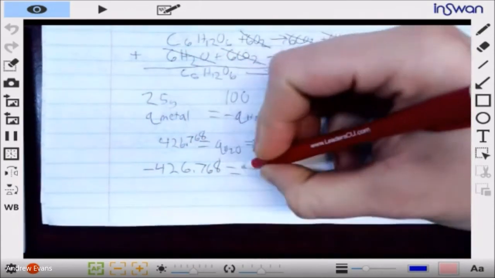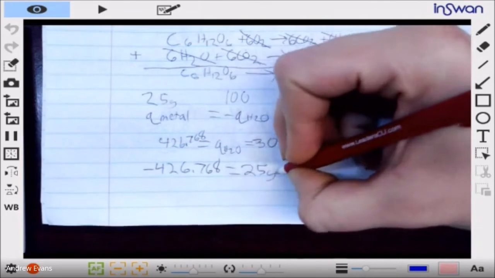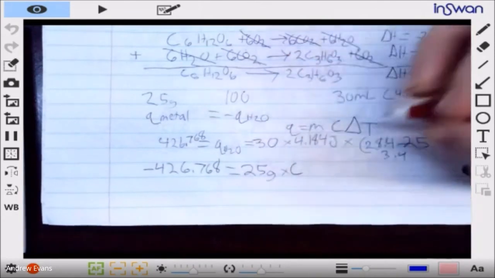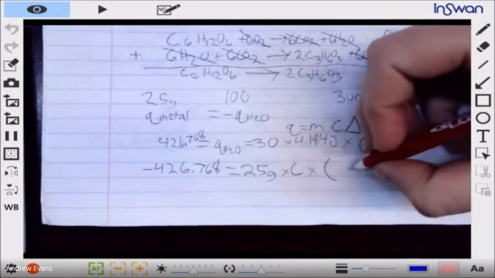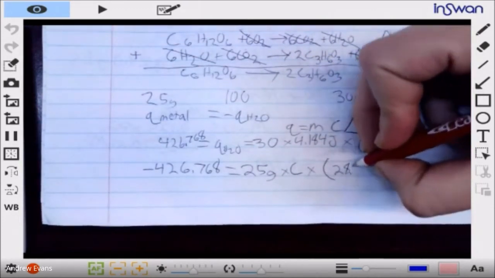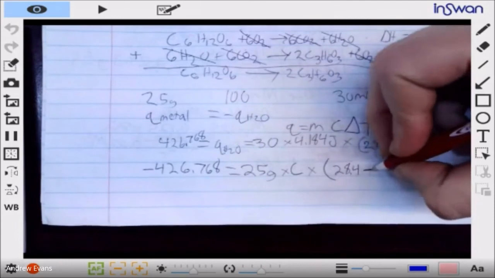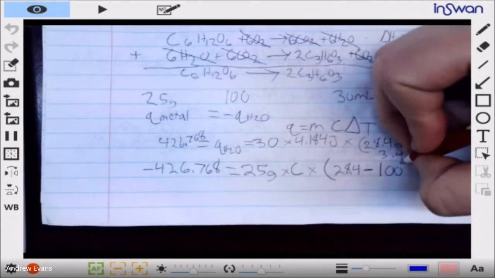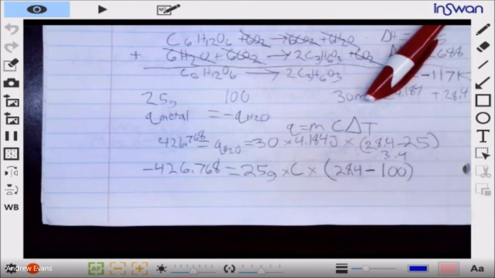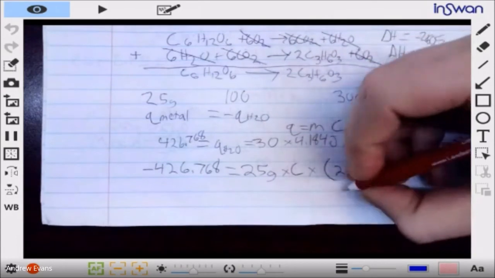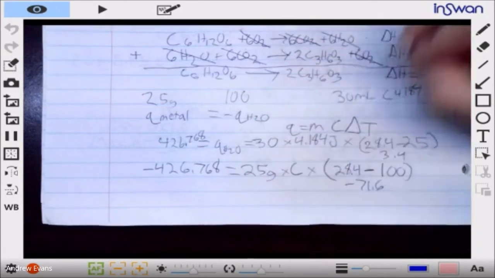We have 25 grams of metal. We have an unknown heat capacity, and we have a change in temperature. The final temperature of the water is equal to the final temperature of the metal. So 28.4 minus 100. That's going to give you a negative change, but that matches a negative heat. So we have a change of negative 71.6.